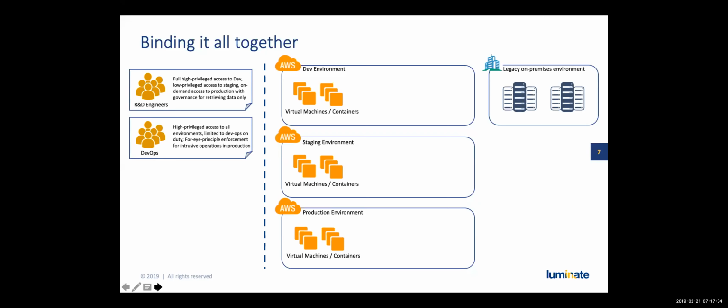So imagine it could translate into an R&D engineer SSHing into a dev environment machine and being able to perform any kind of operation, being able to modify any piece of configuration. And when they do exactly the same with a corporate identity, albeit to the production machine, they will only have very low privileged permissions that will allow them to retrieve logs, right?